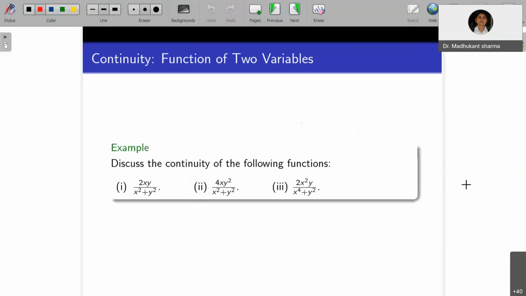So we have the straightforward examples now. Discuss the continuity of the following. Let's try to discuss this: first this, then second, first and third.